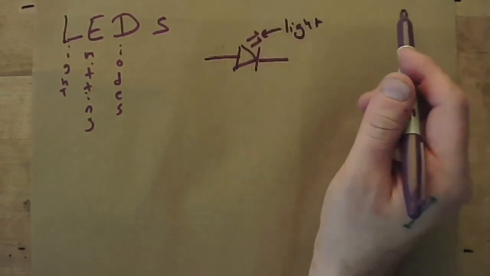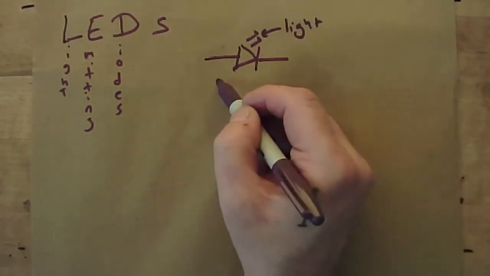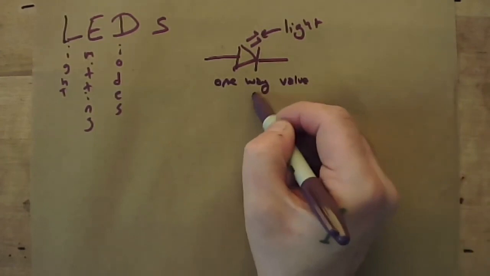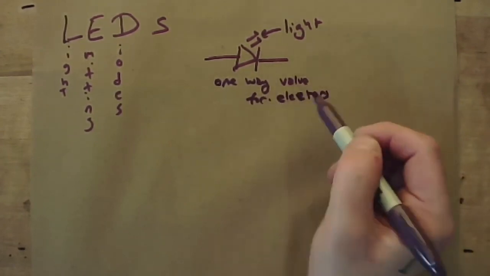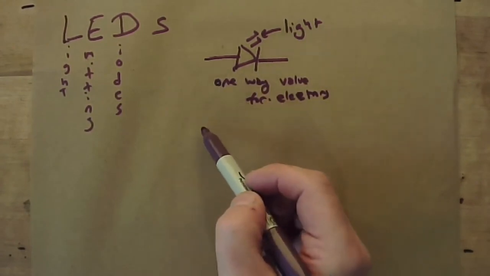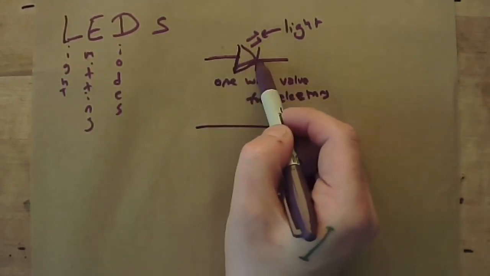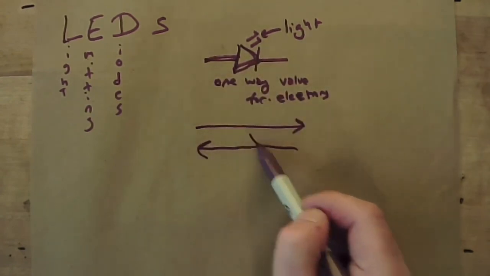And these little lines here, that's the light coming out of it. Those are little arrows. And a diode is a one-way valve. Electricity can flow through that way in the direction of this arrow, but it cannot flow the opposite direction.